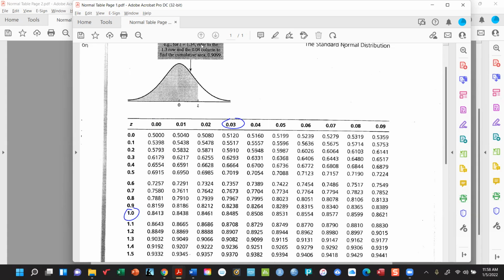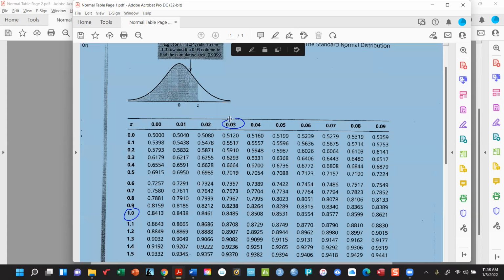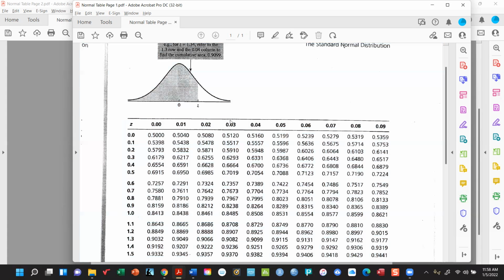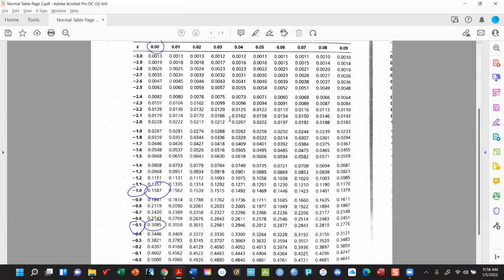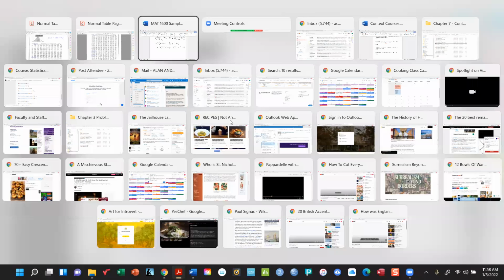It's 1.3 combined with 0.00. Okay, so 1.3. All right. 0.9032. All right, so we'll put that in here.